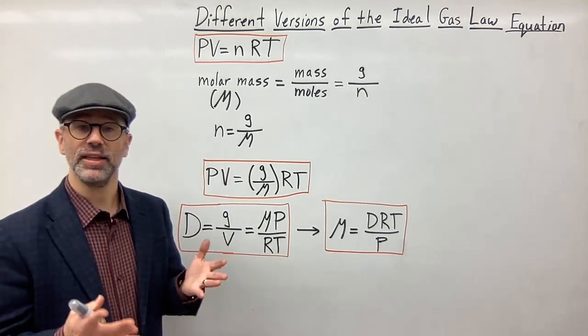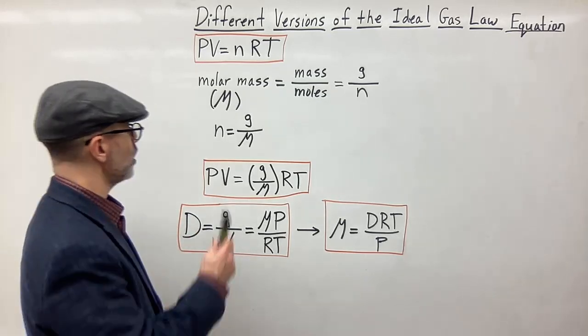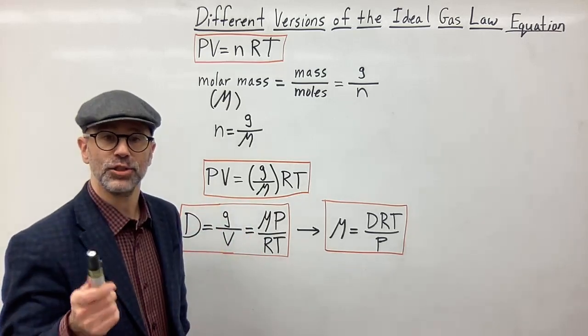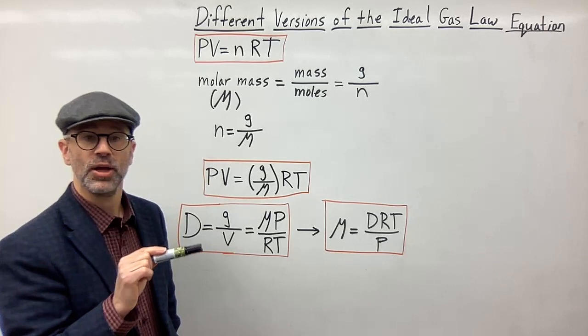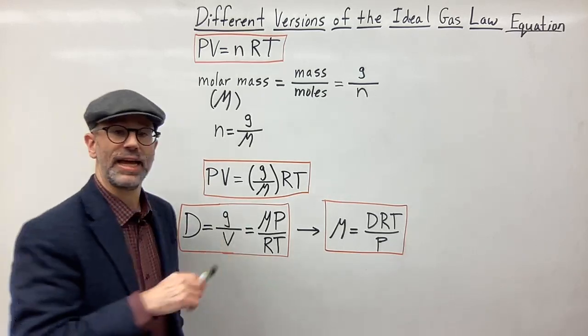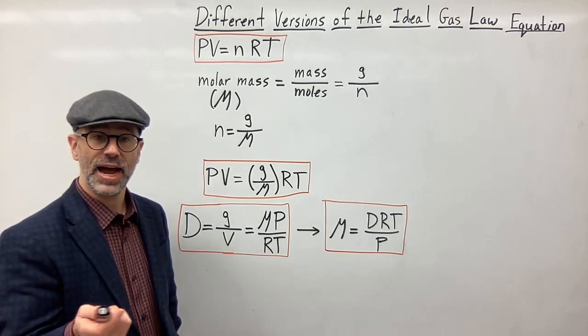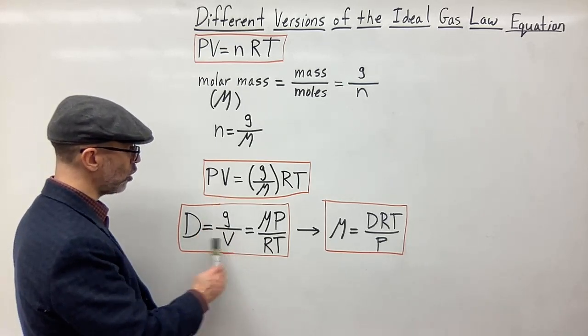Or maybe you're given the density of the gas. So in this case, you've got to remember that if you have this form and they're asking you to find density, remember density is mass per volume, right? So if they give you the mass of the gas and the volume of the gas, you can just do grams over volume.